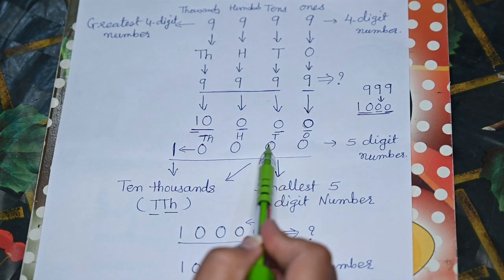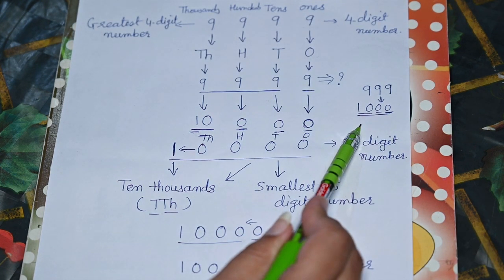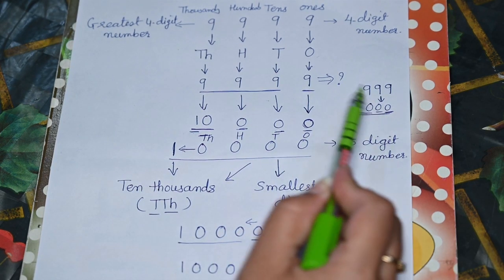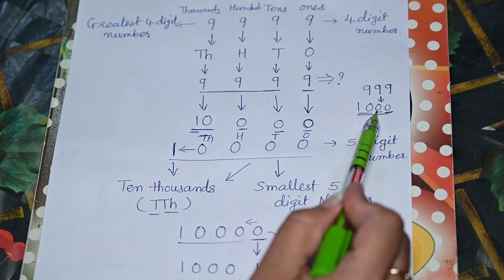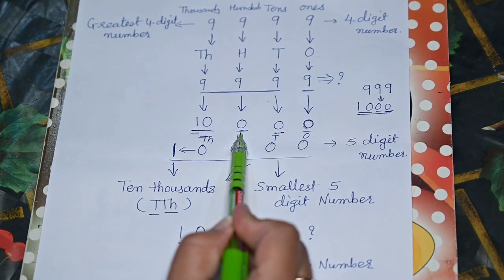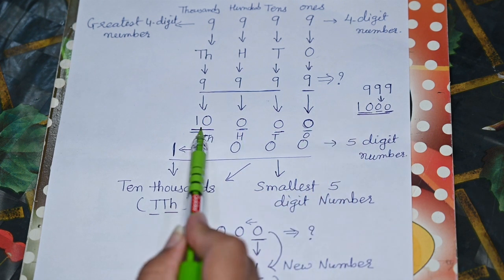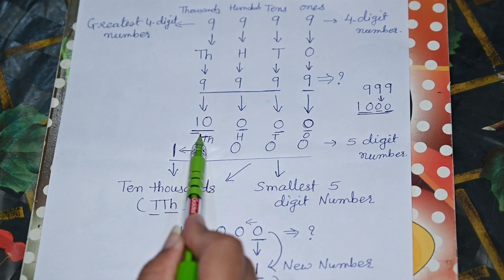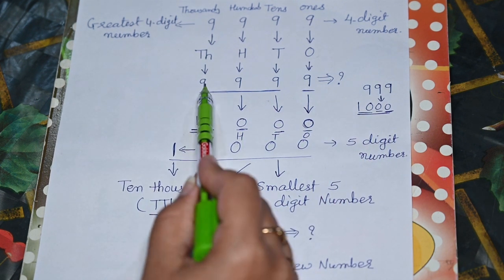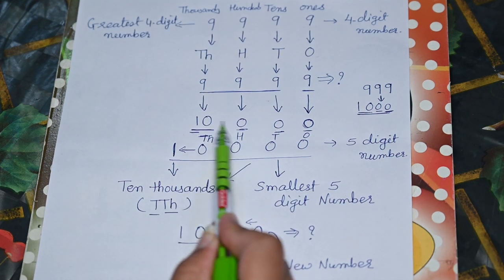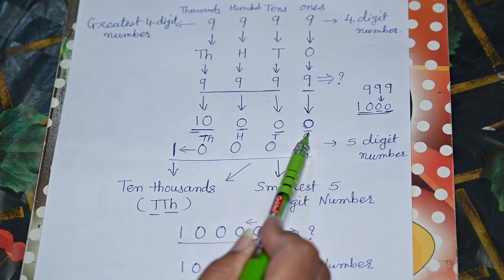So this 0 goes here, this 0 goes here, and now I have 1 and 0 left. So I write 1 and 0 here. So this is the next number after 9999, and that is 10000.